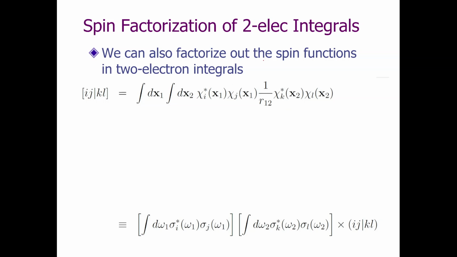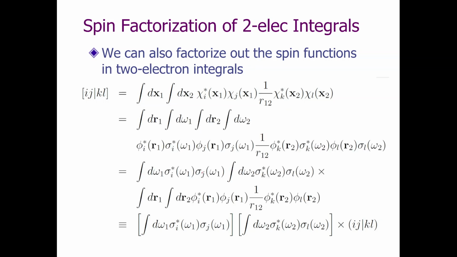Now we can factorize the two-electron integral, the exchange integral and the Coulomb integral, in a similar fashion. So actually this is your ijkl. You can see that this is the space part and there are two spin parts according to ij and kl.